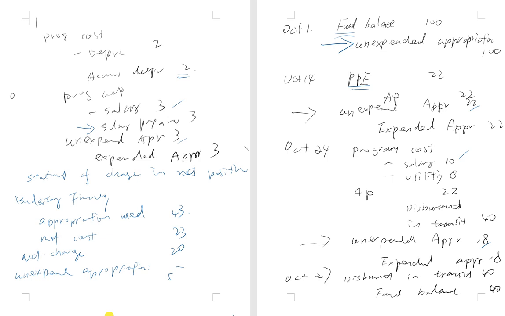That's 57. Therefore, our net position, remember net position has two parts. We have the unexpended appropriations, and then we have the net change of 20. That's 77. We have that number in the balance sheet as well.